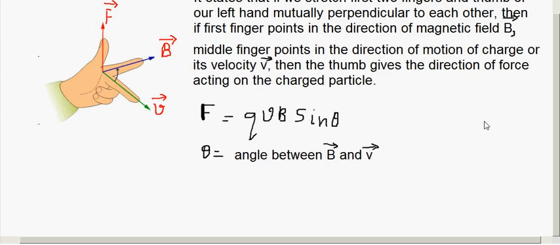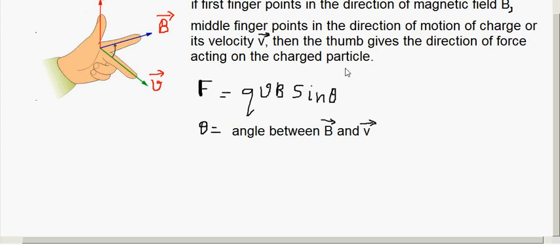Now in this equation, the first case, if theta is 0, then what happens? Sin theta is 0, so force is 0, F is minimum.